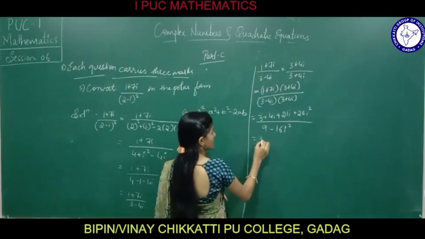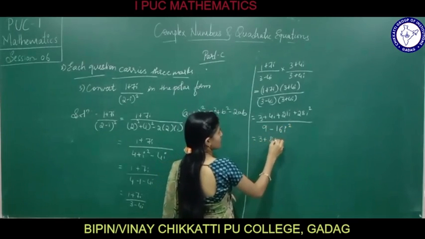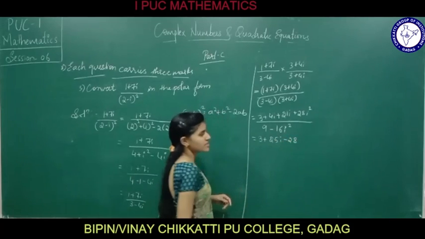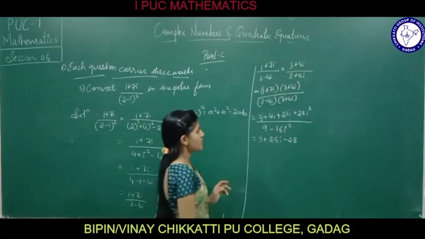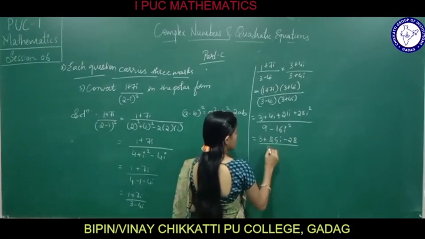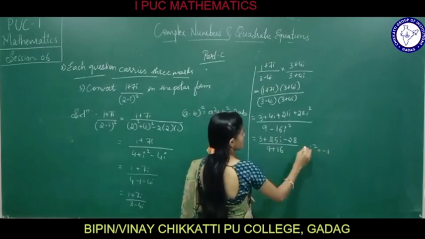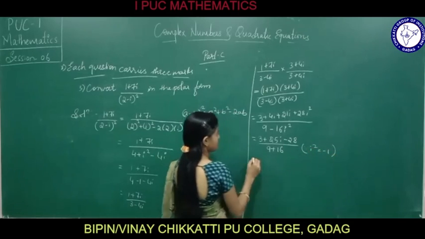That is 3 square is 9 minus 4 square is 16 into i square. That I can write as 3 plus 25i minus 28. Why minus 28? Because i square is minus 1, divided by 9 plus 16 because i square is minus 1.